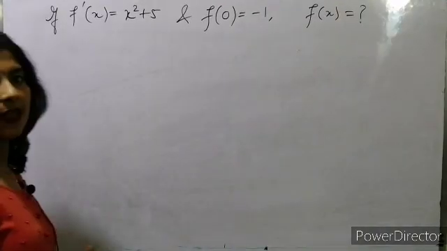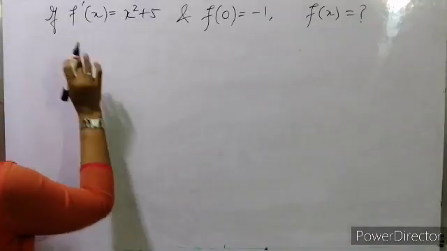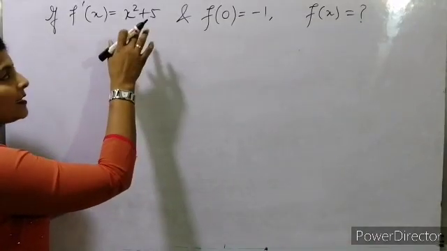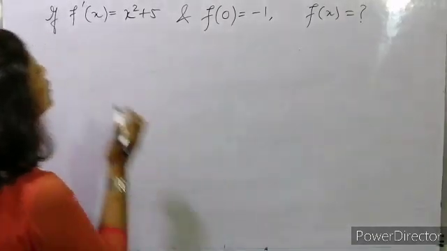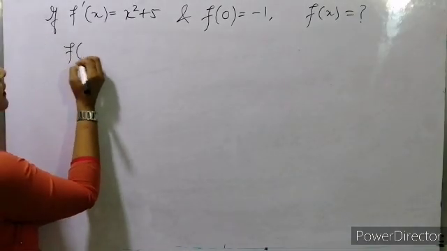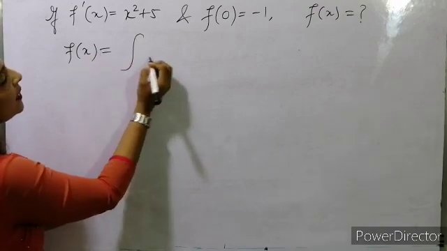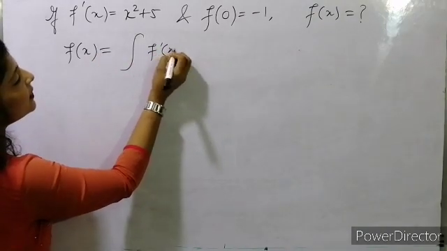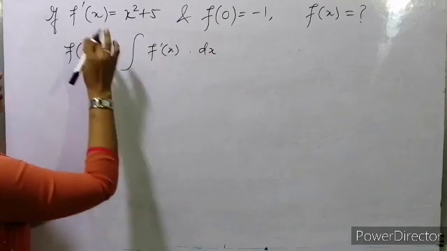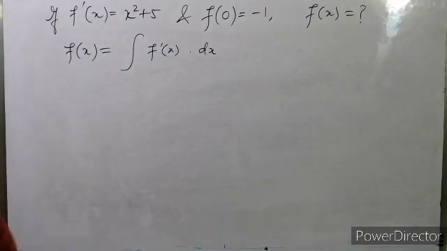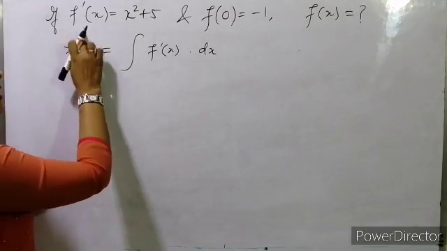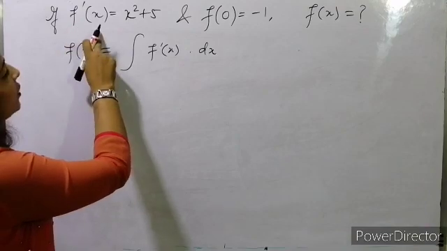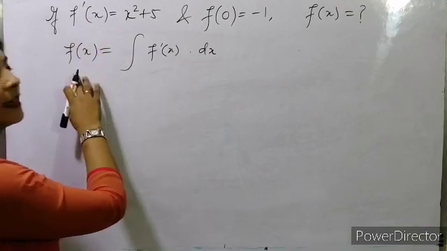Now we have a different type of question, where f dash x is given. Here f0 is given, and fx you have to find out. So what will be the value of fx? Fx will be the integration of f dash x with respect to x. F dash x means the differentiation of fx. So when we differentiate fx, we get f dash x, and after applying integration on f dash x, we will get fx.